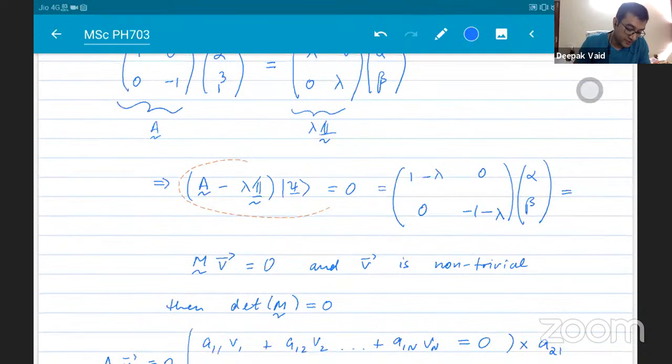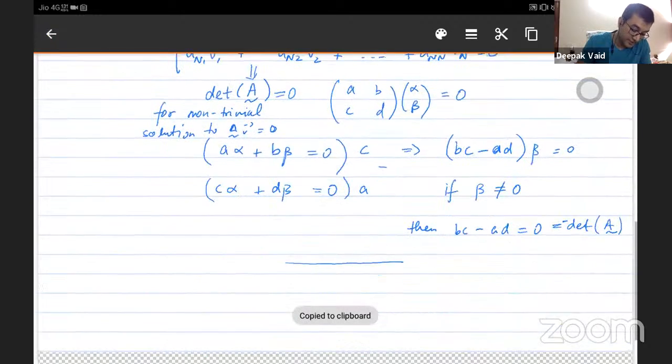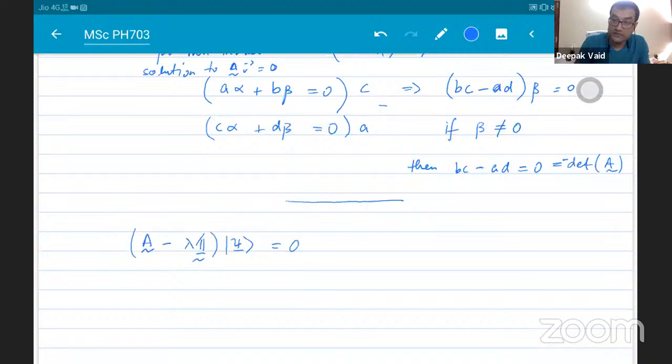So coming back to this expression, now we have this equation. And so now we can see that for this equation to have a non-trivial solution, we require the determinant of A minus lambda I to be equal to 0. If the determinant is not 0, then you will not have a non-trivial solution.